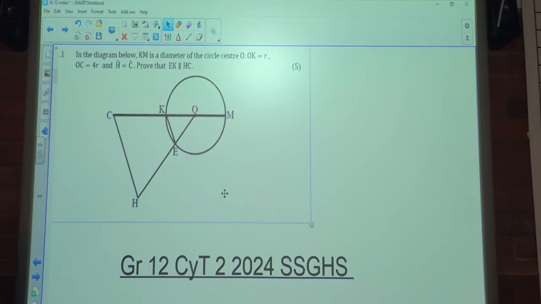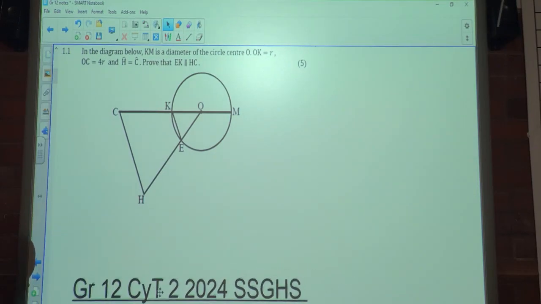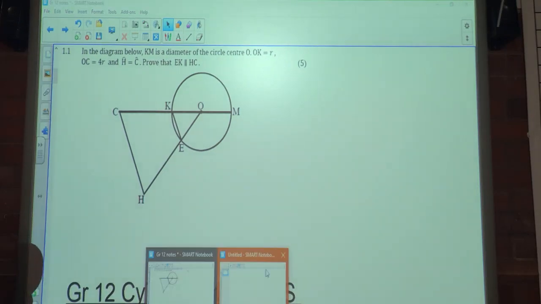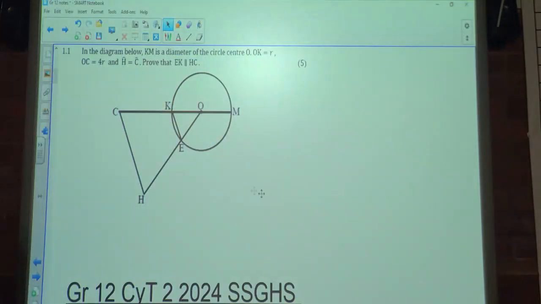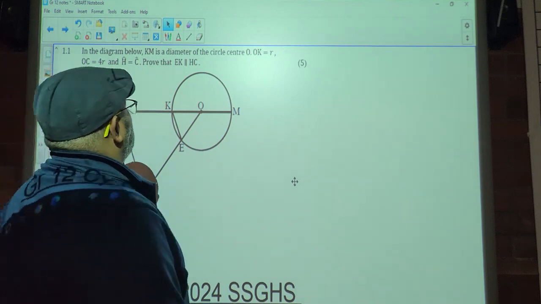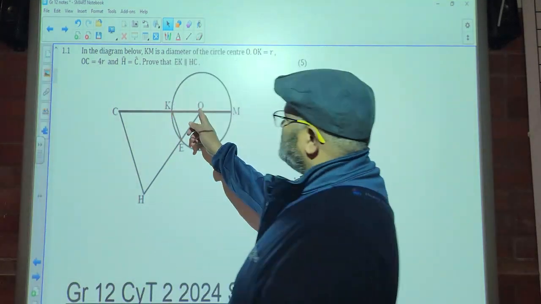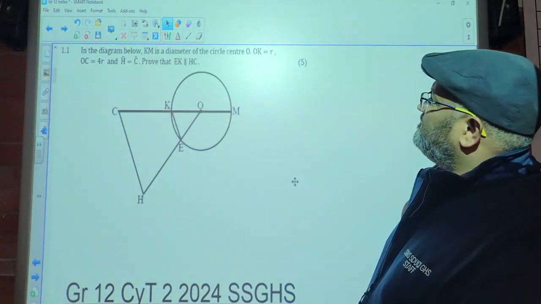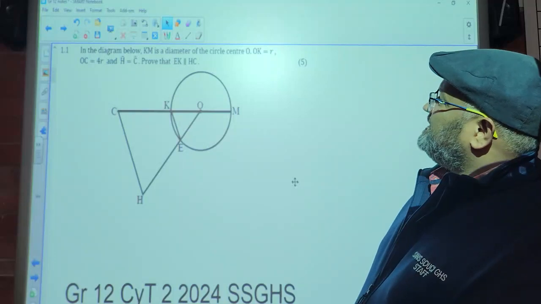We are told that in the diagram KM is the diameter of circle center O. So that means to say that OK and OM are equal, which is radii.